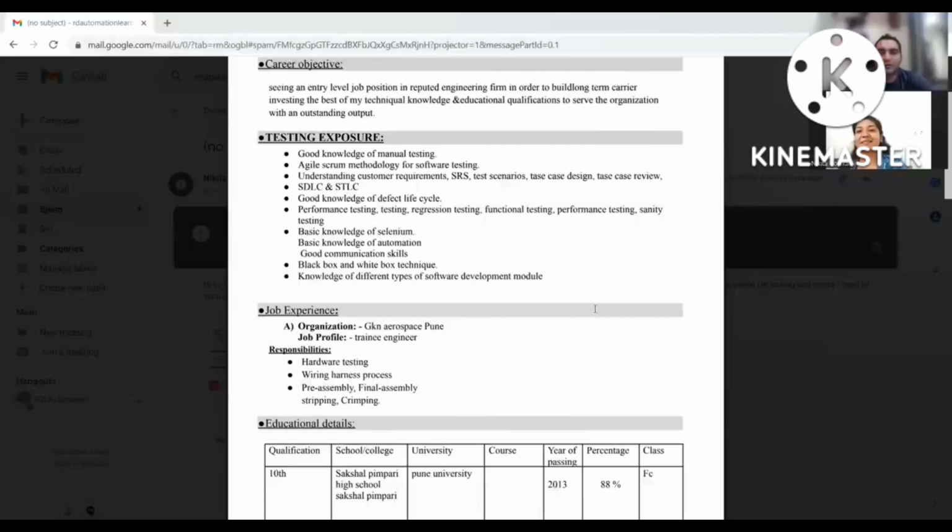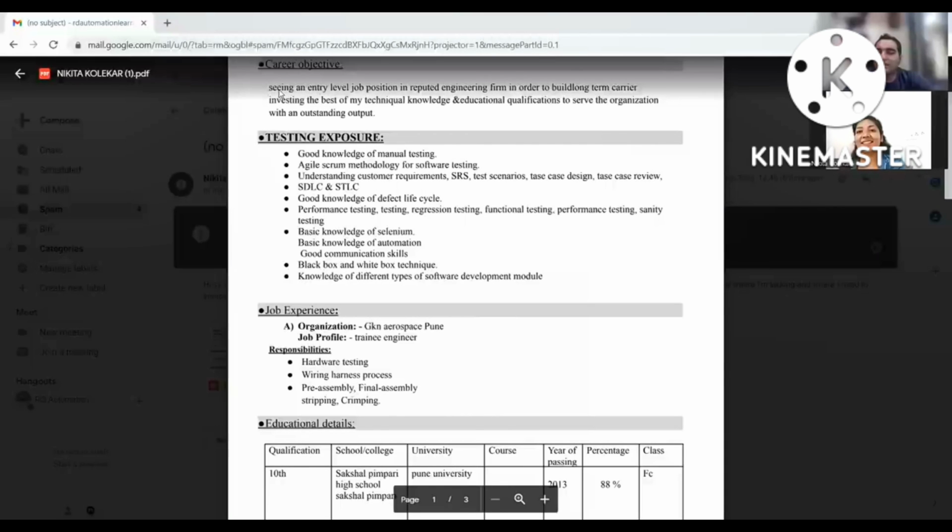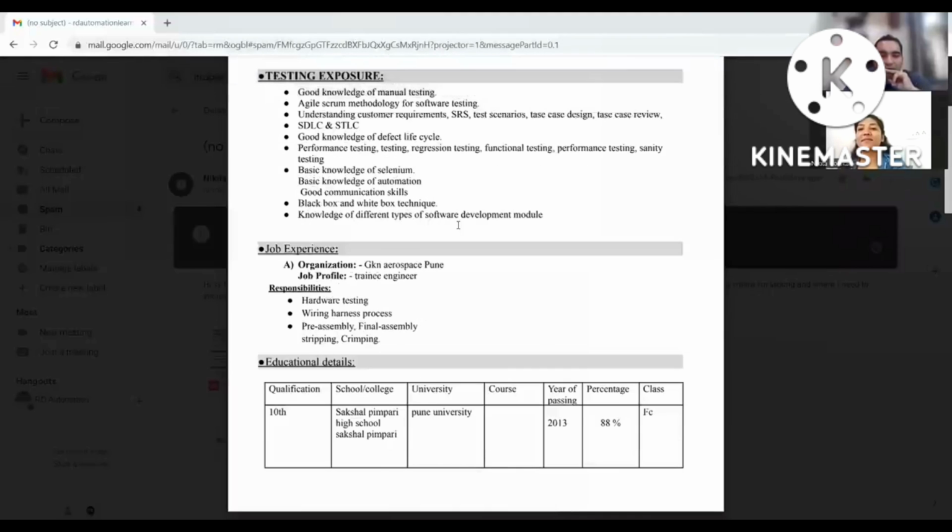Yes, sir. Okay. So over here you are mentioning seeing an entry level, so you need to mention seeking an entry level position. Then in career also you need to mention CAREER. One correction, and put some space between sections and educational qualifications.